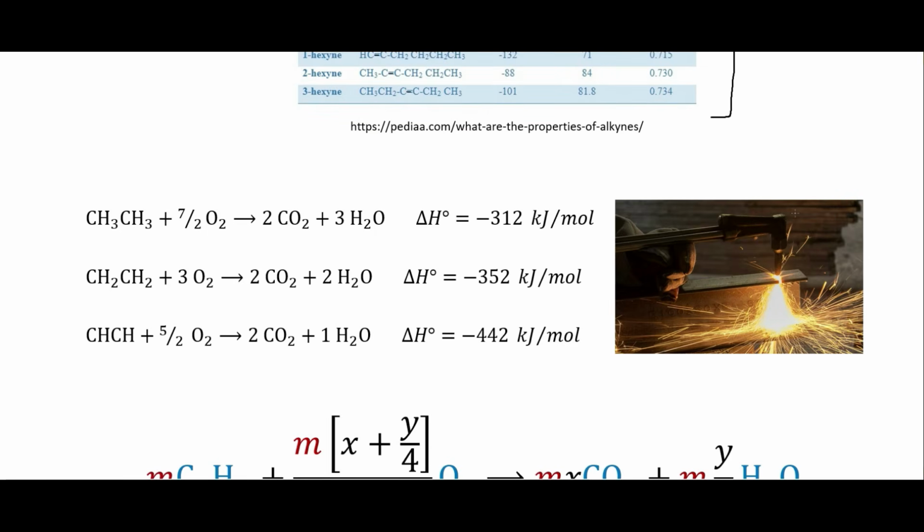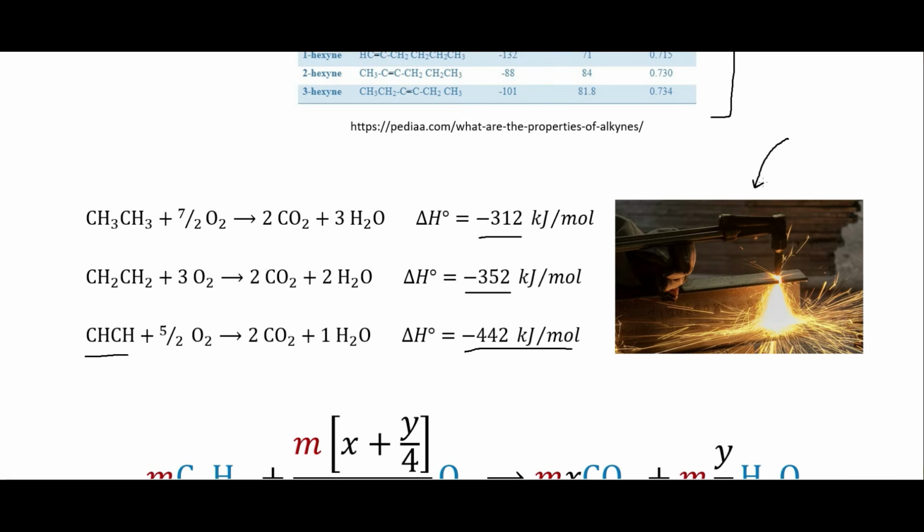One other thing that's important here for our alkynes is that this gives off more heat per mole. So we see that this has negative 442 kilojoules per mole for the acetylene, or the ethyne, whereas the ethene is only negative 352, and then the ethane is negative 312. And so that's why the acetylene is really good for welding.